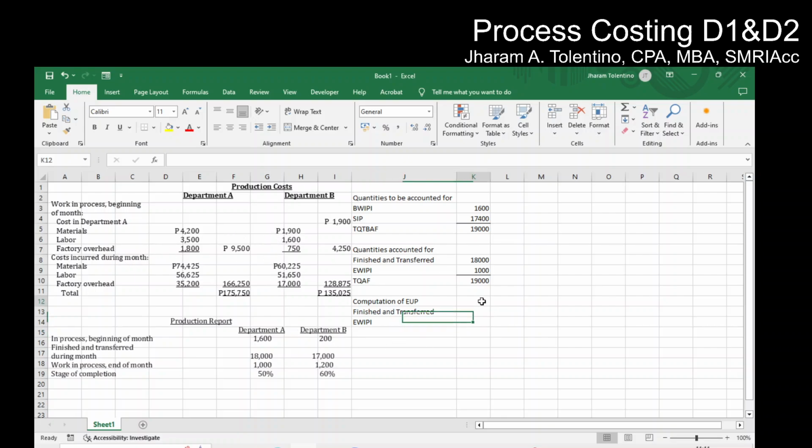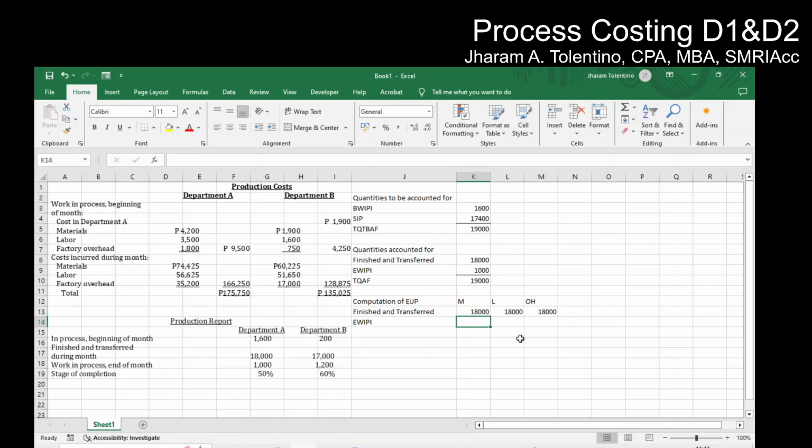Materials, labor, and overhead. So we have work done for materials, labor, and overhead. This is easy. We can skip the computation for materials, labor, and overhead, just to show it. This is automatically 18,000, right?